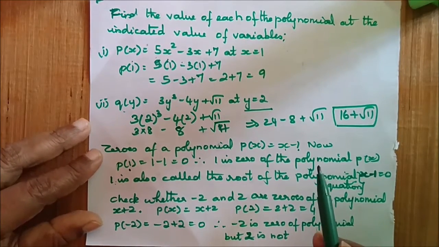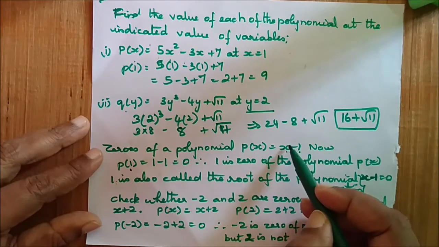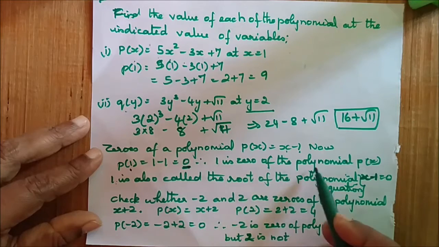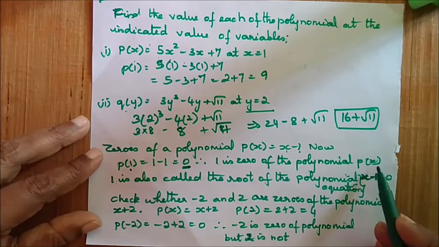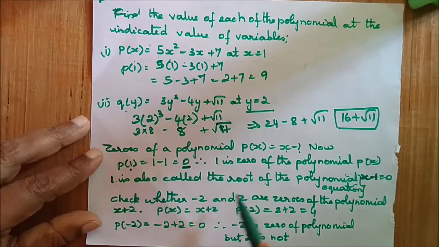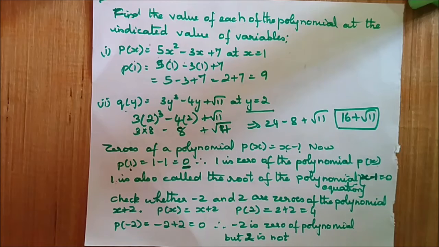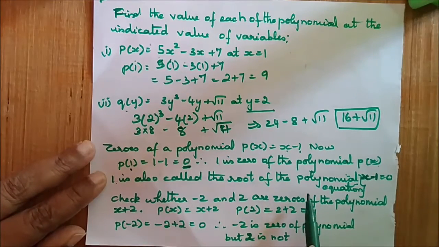That is, what value will I put in this polynomial so that I get the answer 0. So 1 is the zero of the polynomial p of x. 1 is also called the root of the polynomial equation x minus 1 equals 0. So when p of 1 gives 0, it is called the zero of the polynomial, and 1 is also called the root of the polynomial.